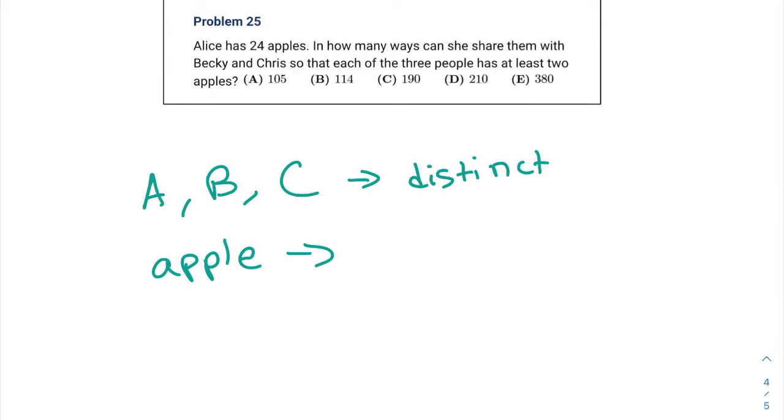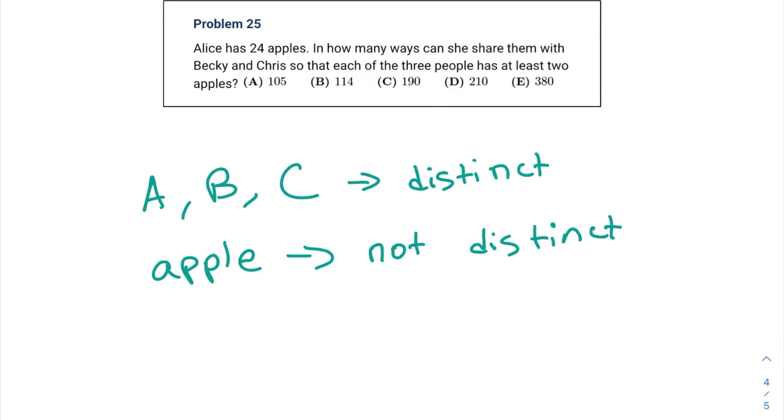However, the apples, or whatever you're giving to the containers, those are not distinct. And we know in this case the apples are not distinct because Alice did not name them and label them, oh, you're Joe, you're Jimmy, and you're Jonathan. No, you cannot tell the apples apart. They're an apple.